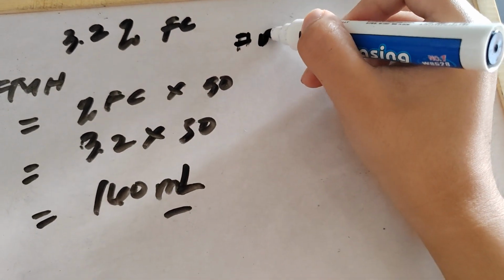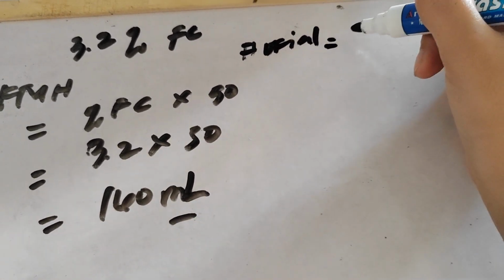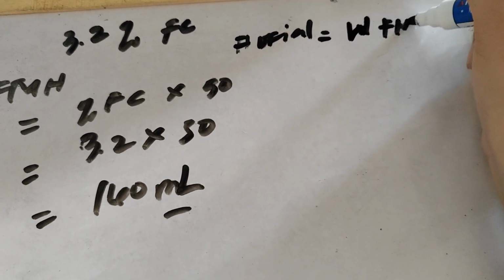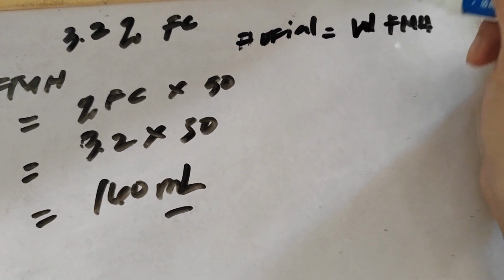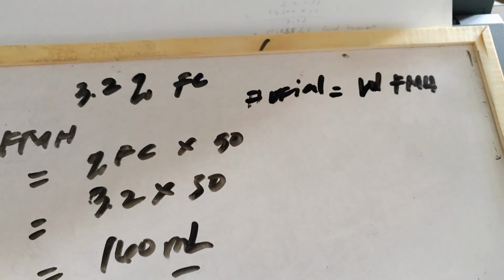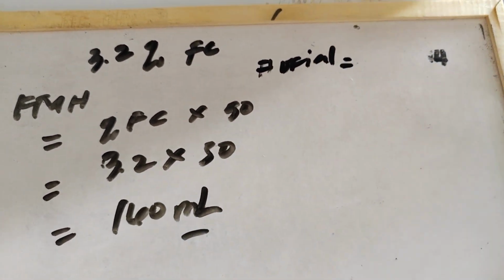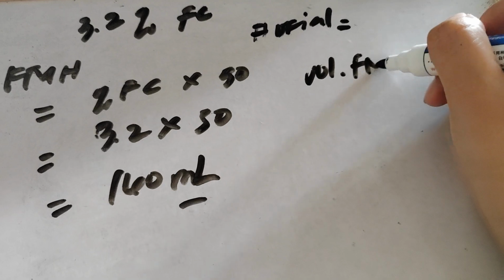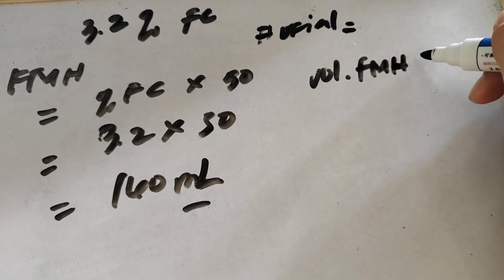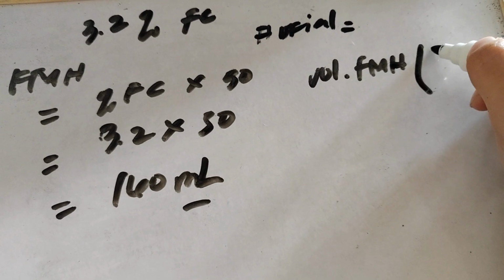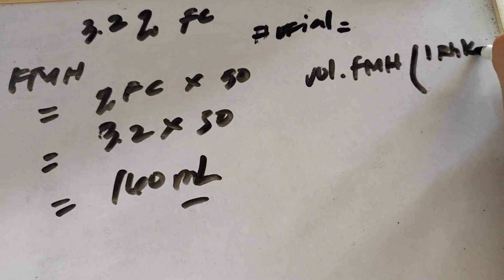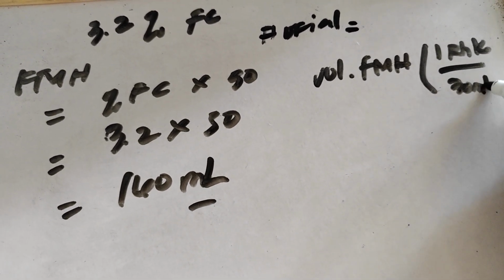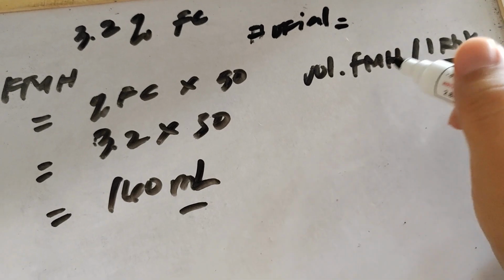Number of vials, ang formula natin dyan is number of vials equals volume ng fetal-maternal hemorrhage over our constant. 1 RHIG is good for 30 ml ng fetal-maternal hemorrhage or FMH.